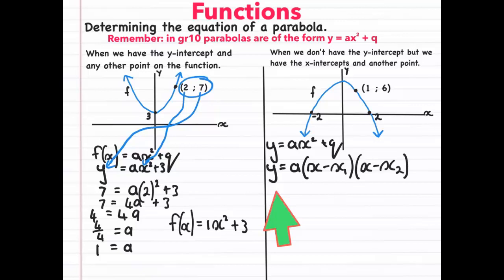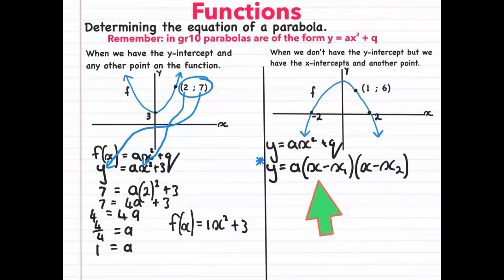Okay, so that is basically what I'm going to do. This is just a factorized version of the normal function, and you have to memorize this, and I'll put a star there. When do we use this one? When we don't have the y-intercept, but we have the x-intercepts and another point on the parabola.